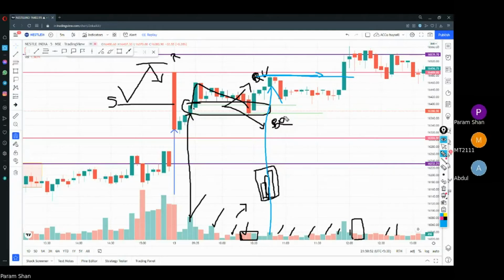Okay, if the price is not breaking up and it is again coming to this zone, then when it breaks below, you can go for a short. And when you're going for a short, and this is your support zone, you have to ensure that you are respecting this support zone and you are exiting.